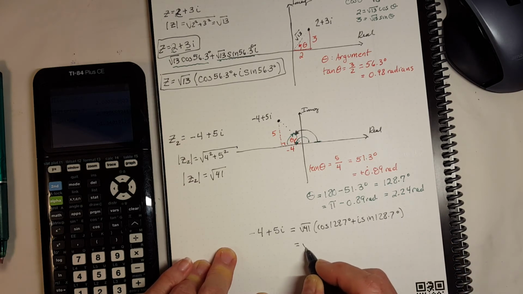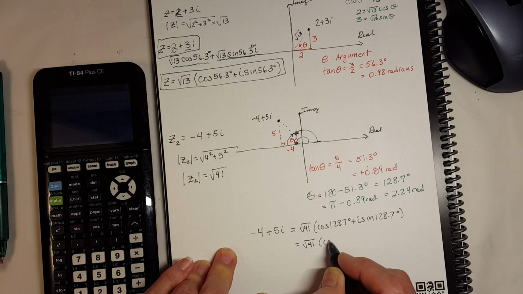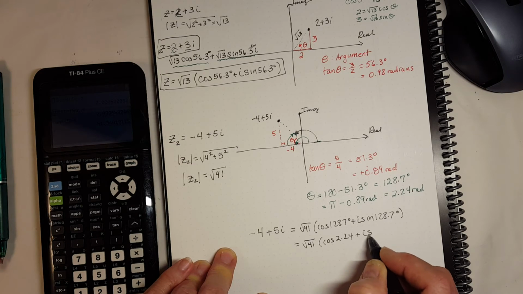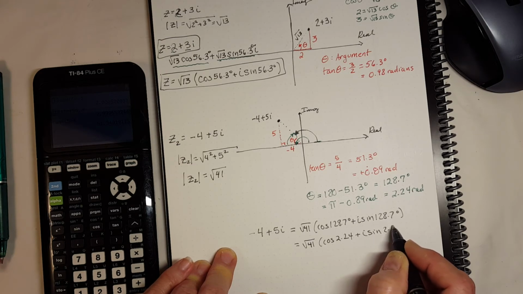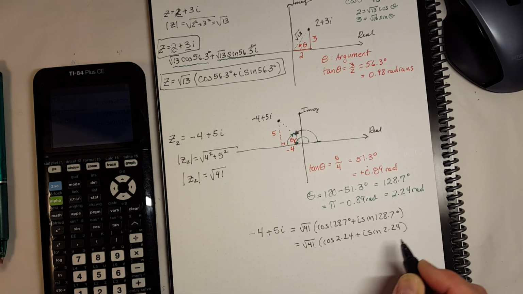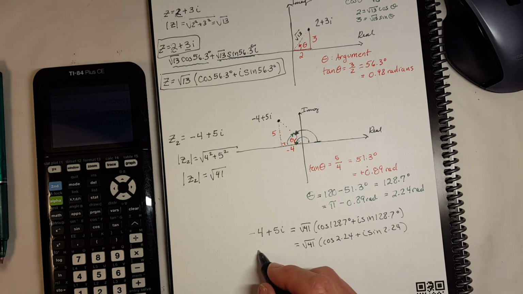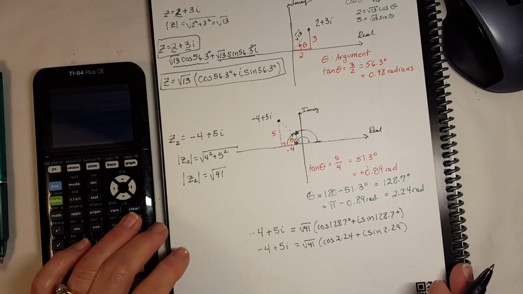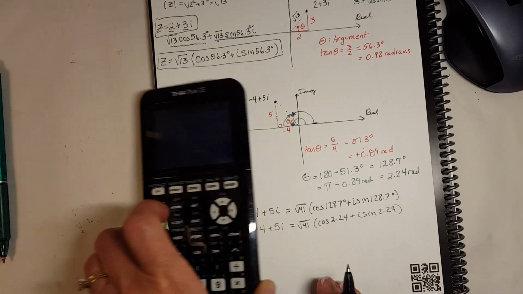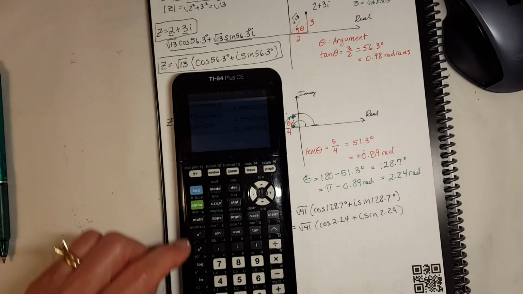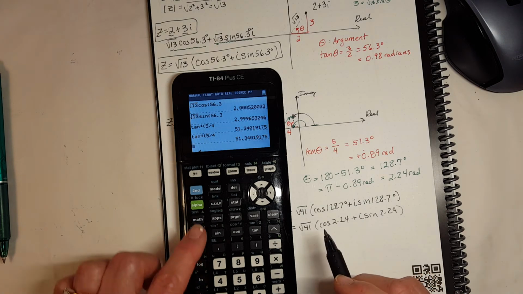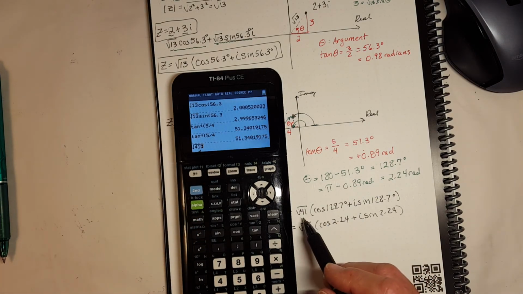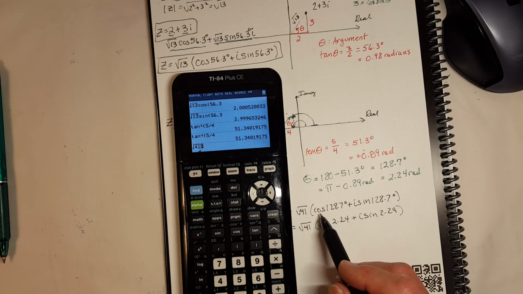We could also say that it's root 41 times the cosine of 2.24 radians plus i sine 2.24 radians. Those are both the same as the rectangular form of this. And remember, if I'm just given the trig form, all we have to do to get the rectangular form is multiply the modulus, the absolute value, back in.